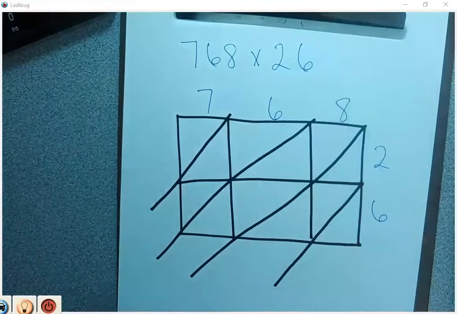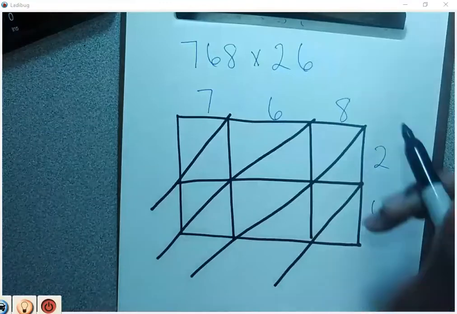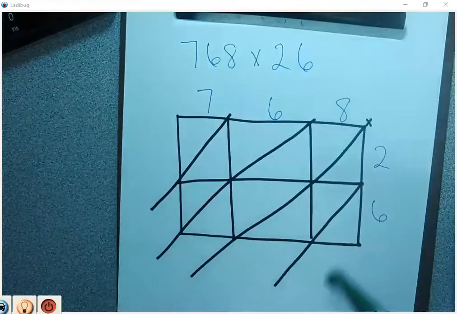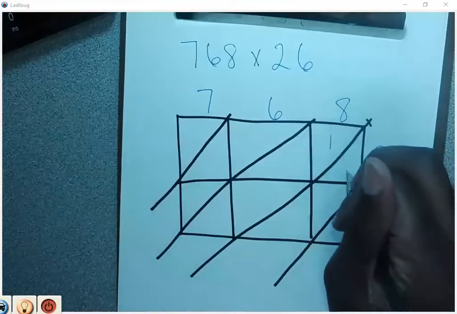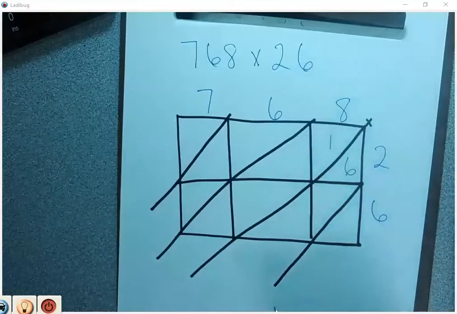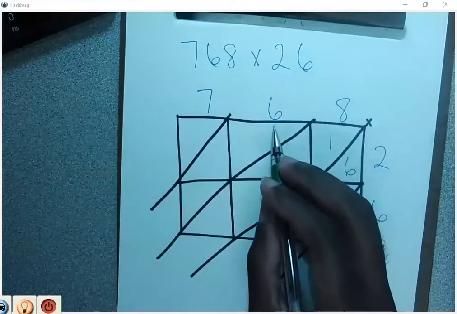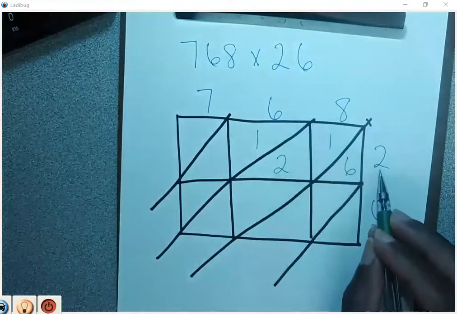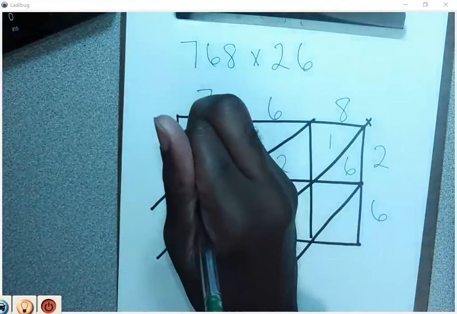Now we're going to multiply our top times our side as all single factors. And now we have 8 times 2 is 16. So 1 goes here, 6 goes in this triangle. 2 times 6 is 12. Once again, I'm going to put 1 on top, 2 right here.